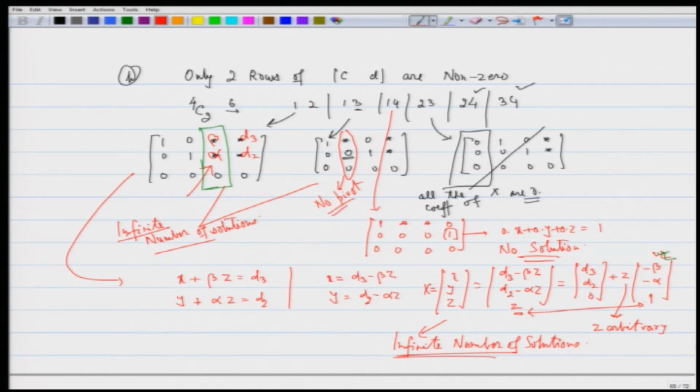So, when we look at the systems, we will say that the pivotal columns correspond to what are called basic variables, and those which are not pivot will be called free variables. We will come to that afterwards.